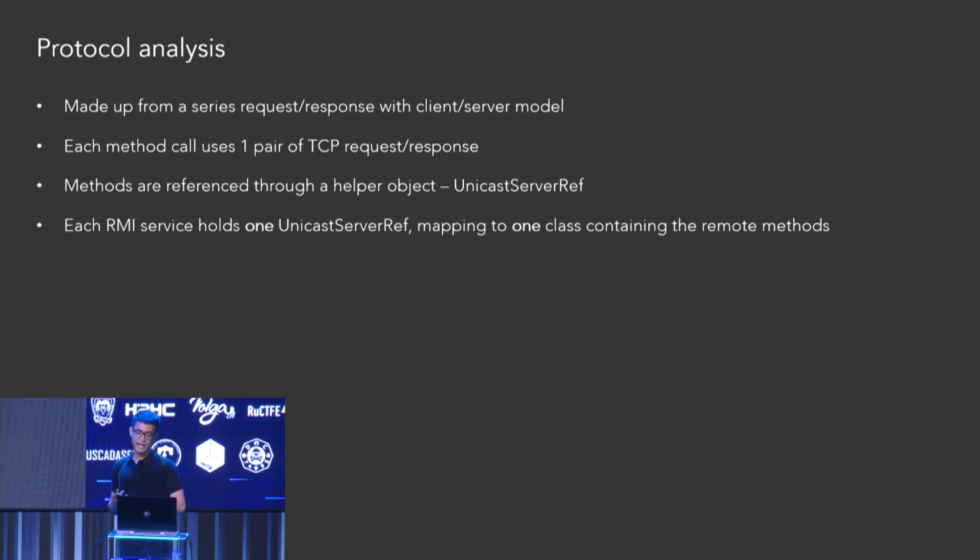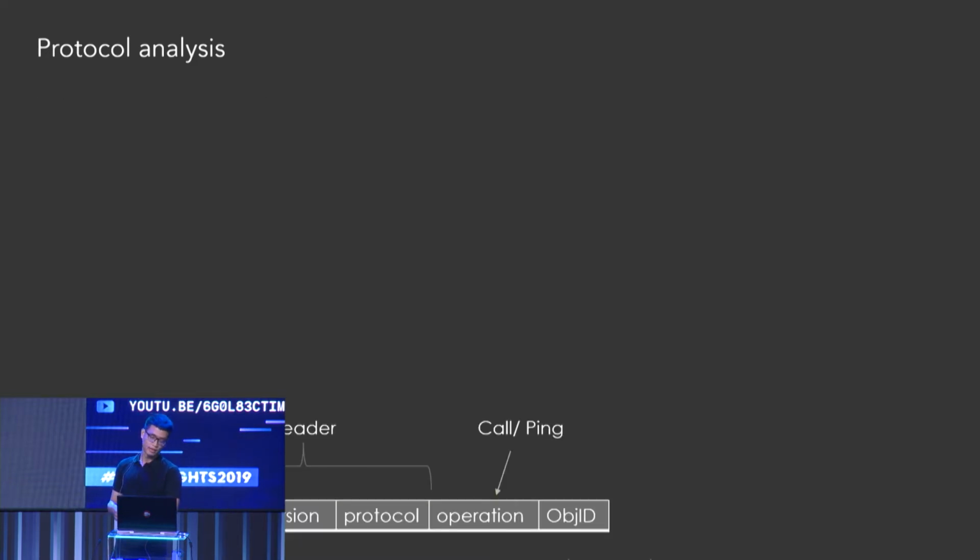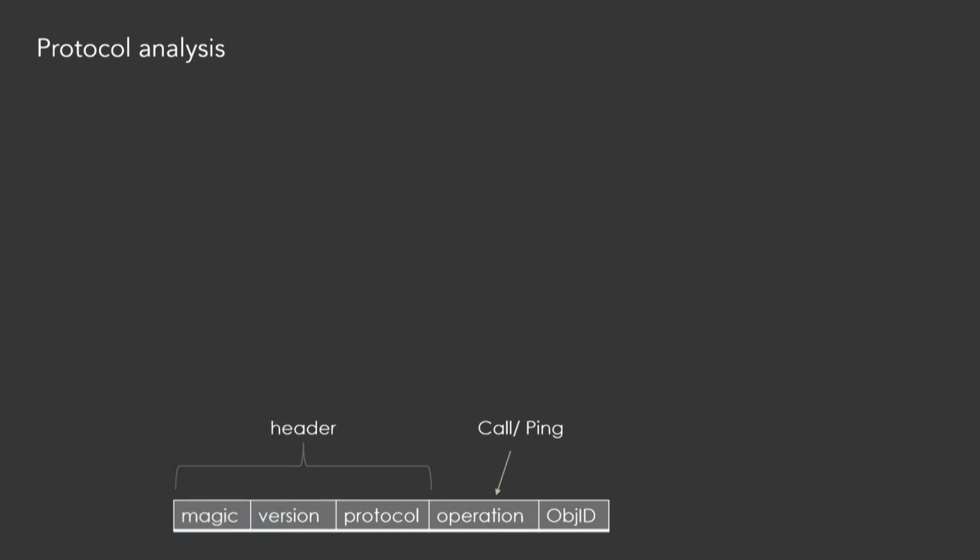It is from the class UnicastServerRef, and each RMI service holds exactly one class of that type, and that class is mapped to exactly one class, and that class has the remote method we want to invoke. So let's talk about RMI under the wire.